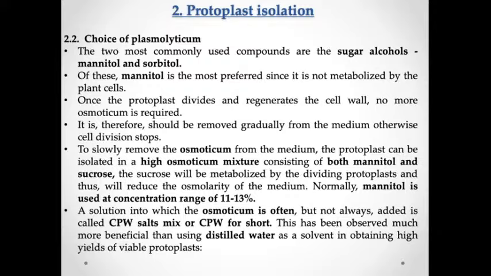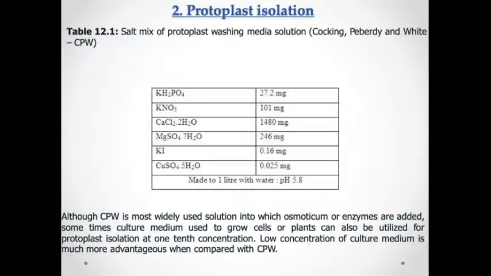This has been observed to be beneficial for a high yield of viable protoplast, rather than using distilled water. So just remember the basic points: the osmoticums we use are the sugar alcohols mannitol and sorbitol, at 11 to 13 percent, and the best mixture contains both mannitol and sucrose to gradually remove the osmoticum from the medium.